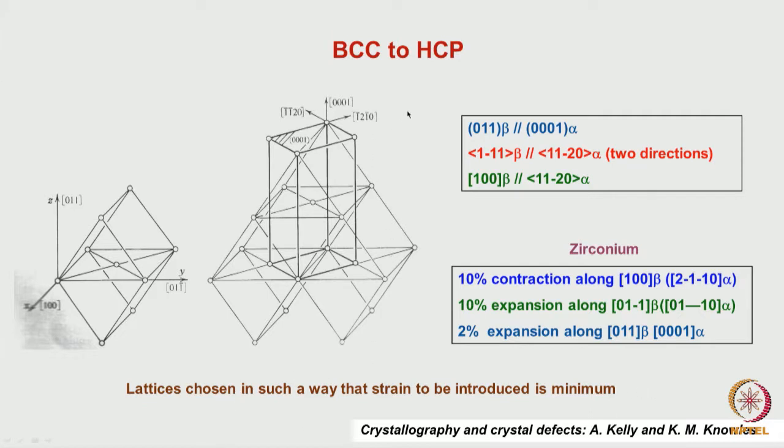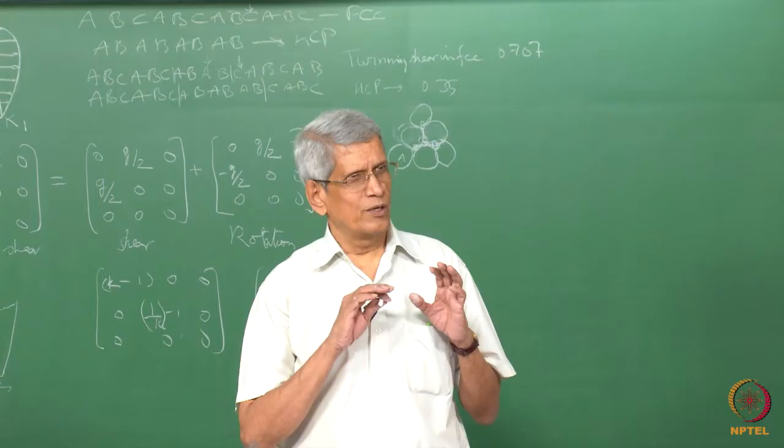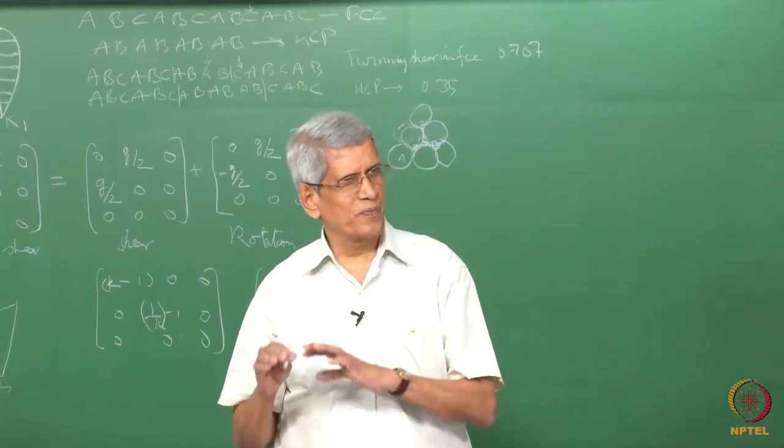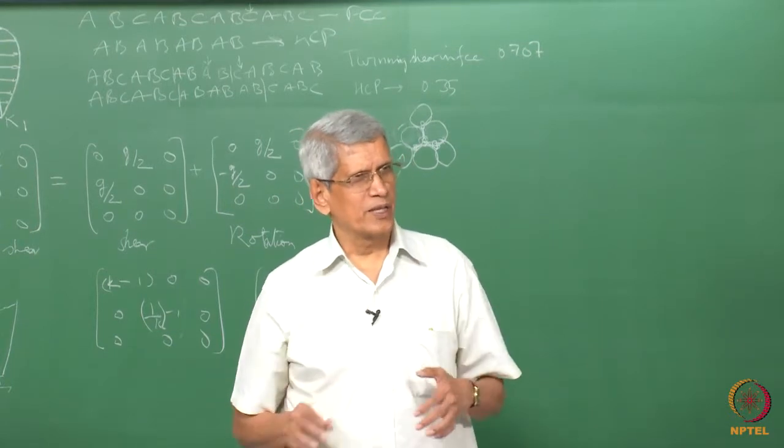How can we view this change from BCC to HCP? The way we mentioned, first let us consider a unit cell of BCC, and then we will apply some shear transformation to change it from BCC to HCP, a homogeneous lattice shear.